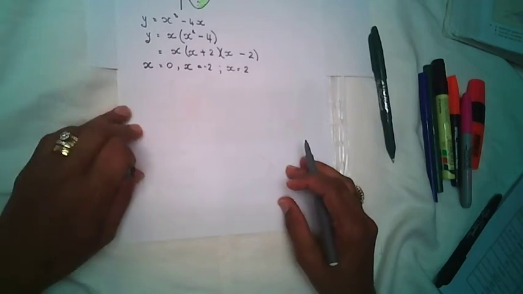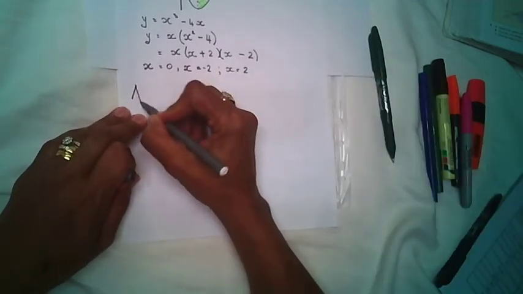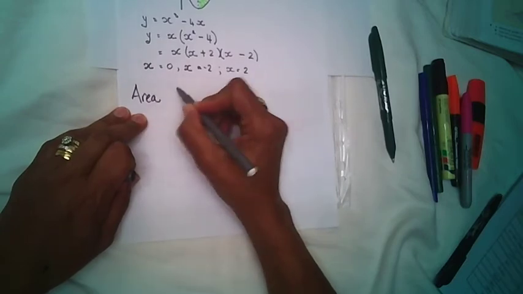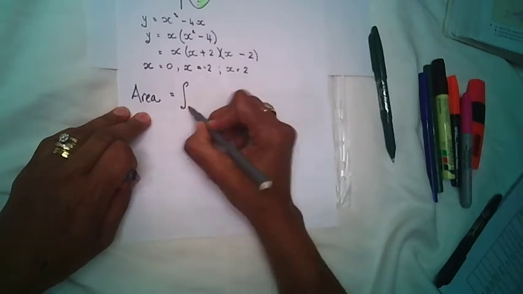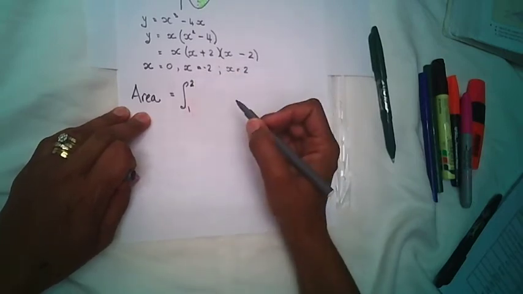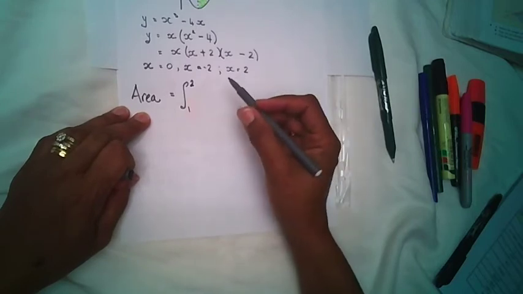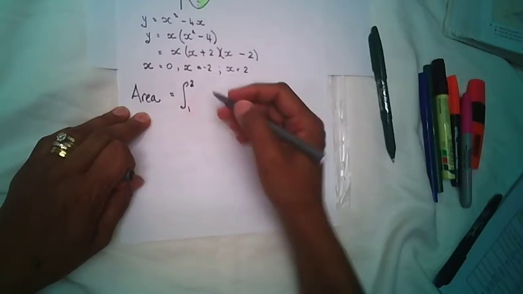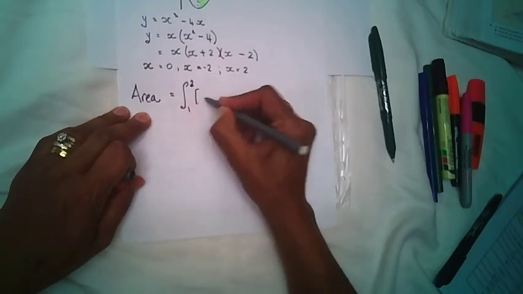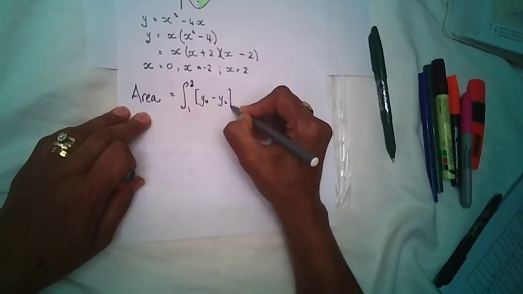So if I'm going to write my function down and say I've got my x-intercept that matters, the area that I want to focus on is going to look like this. There's my integration sign. I've got the two boundaries, A and B, on the x-axis for our shaded area, which is from 1 to 2. So it's just that tiny little space, with my upper function and my lower function.